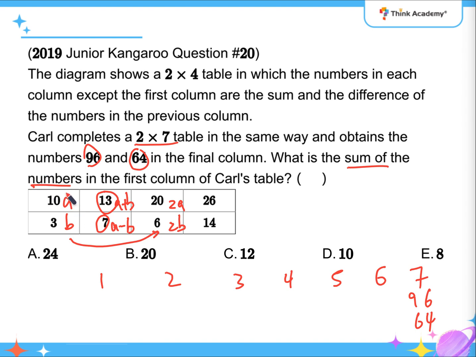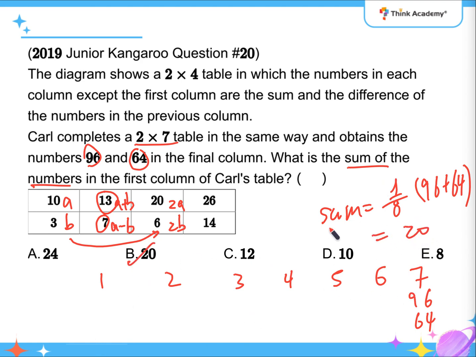So actually, the first column is going to be an eighth of column 7, which means that the sum in the first column is going to be an eighth of 96 adding 64, which is 160, which is going to be 20.